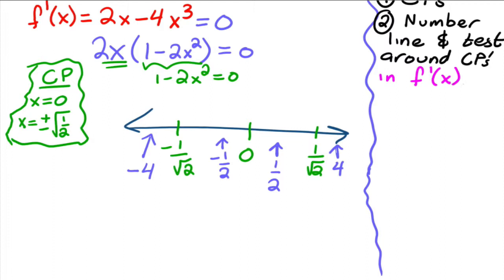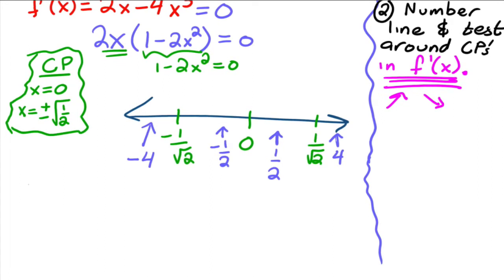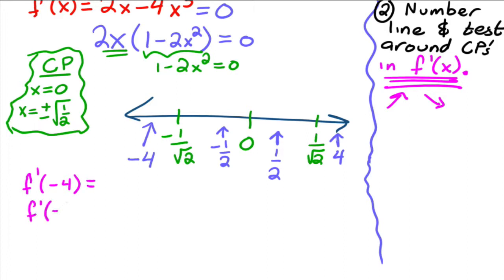The reason why we're testing those points inside the derivative is because, remember, the derivative tells us whether it's increasing or decreasing, and that's what we're trying to find out. So we're going to plug in negative 4, and then we're going to plug in negative 1/2. And we don't really care about the number itself.